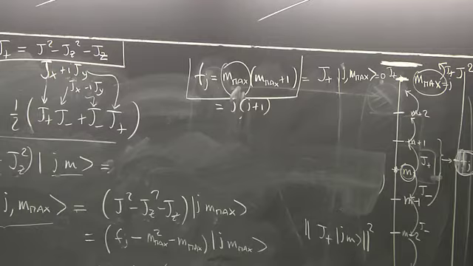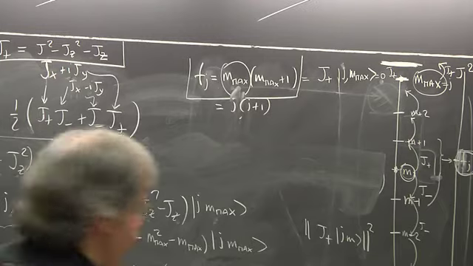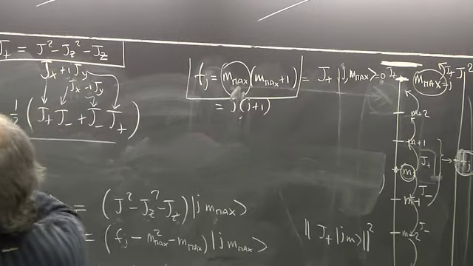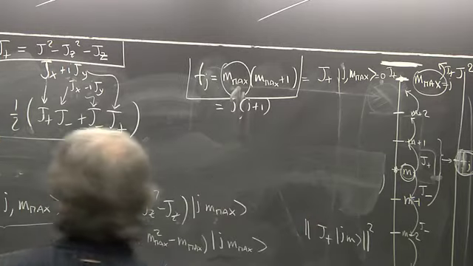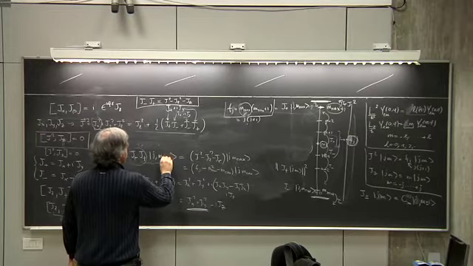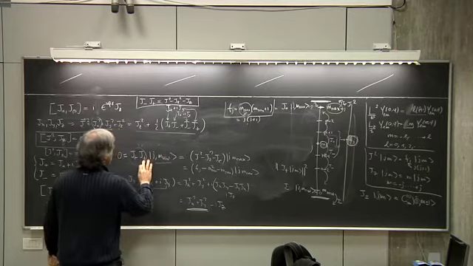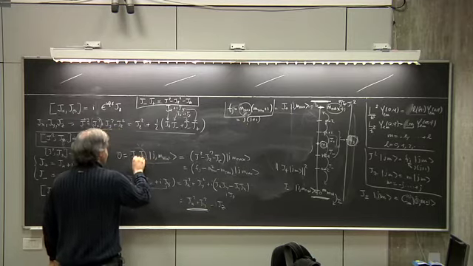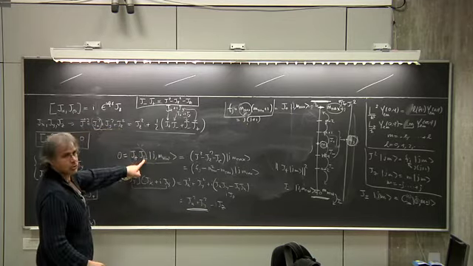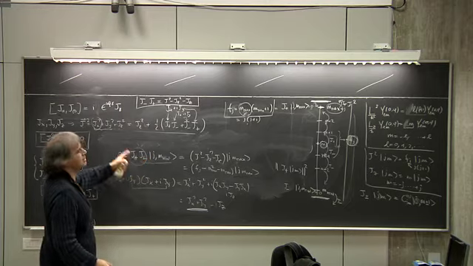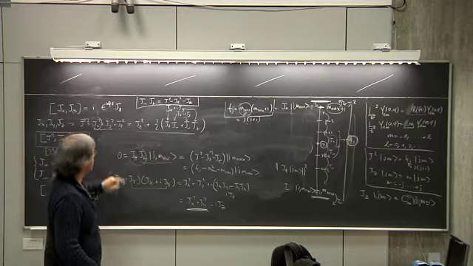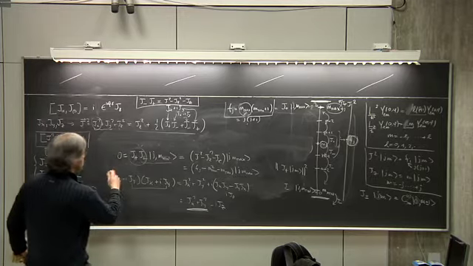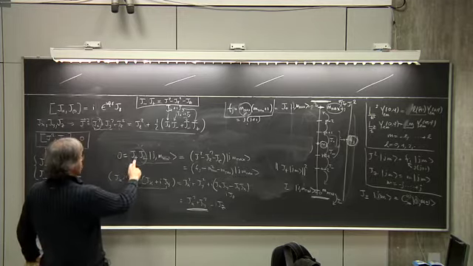Okay, I can repeat the same spirit of proof in the other case. Okay, let's do it. This time I have m_min, and this time I operate with the minus and then plus. The minus gives me 0, and the plus cannot do anything else but remain 0. Now I have the opposite thing to use, j plus, j minus.